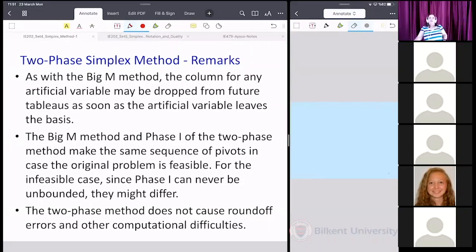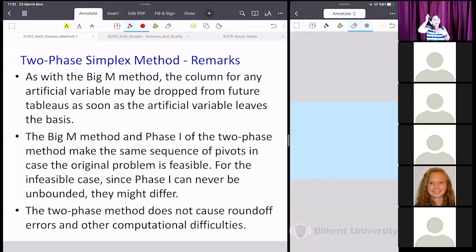More remarks. As with BigM, the column for an artificial variable can always be eliminated once it's out of the basis, because an artificial variable out of the basis will not want to come back again. Both BigM and two-phase have the same sequence of pivots.